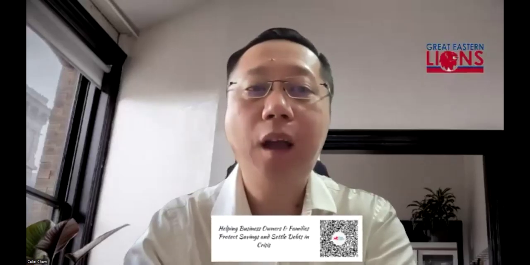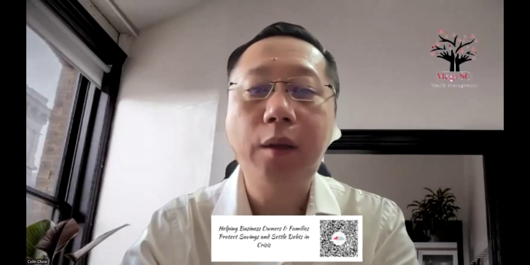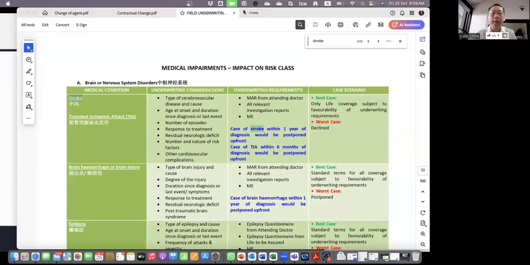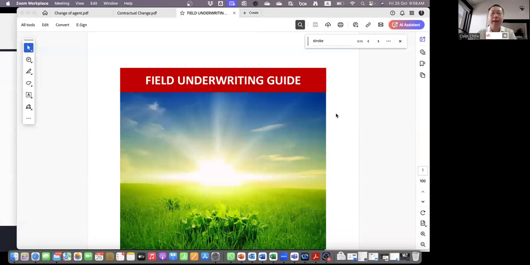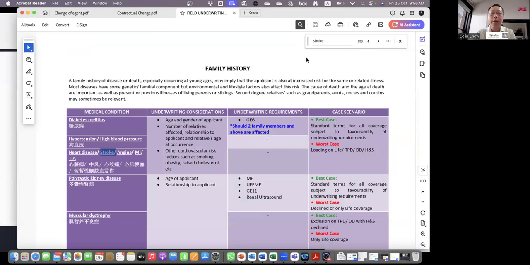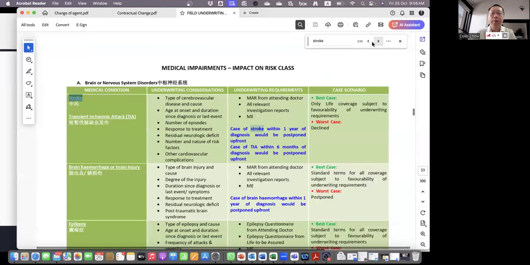I think my sharing's here. Thanks, Vivian. Okay, I just looked this up in our field medical underwriting guide. I look for stroke. According to here, this is stroke for family history. This is stroke for the person itself.